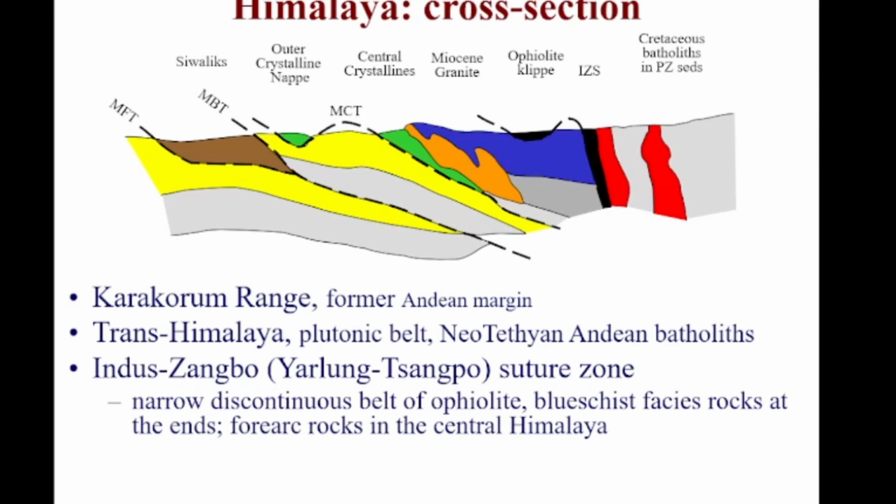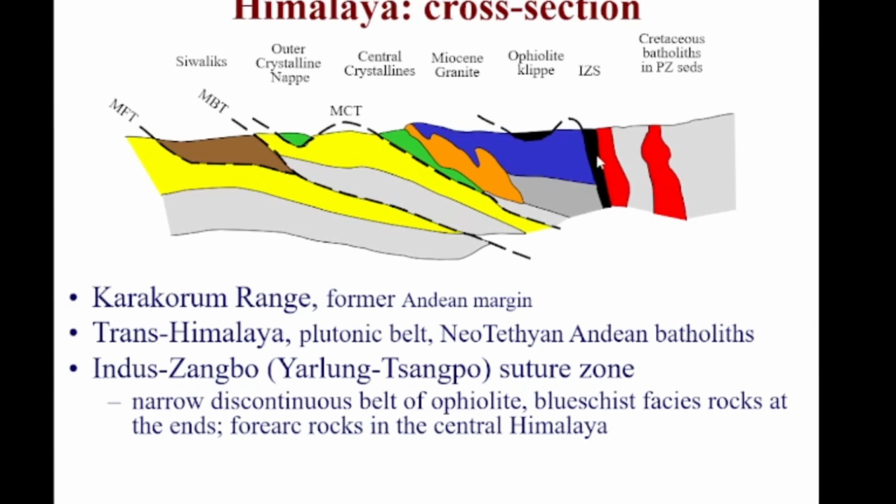Karakoram ranges, former Indian margin. Trans-Himalaya, plutonic belt, Neo-Tethys, Andean batholiths, and then we have some tectonic feature zone where we have a narrow discontinuous belt of ophiolites, which is the black one. You can see here the blacks, these are the ophiolites, and blue schist, these are the red ones.